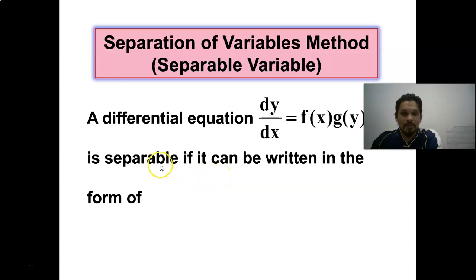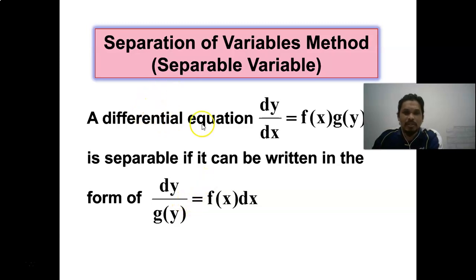A differential equation dy dx equal to f(x) times g(y) is separable if it can be written in the form 1 over g(y) dy equal to f(x) dx. Class, on the left side of the equal sign is all the y terms, and on the other side is all the x terms. There's no variable x left on the left and no variable y left on the right.